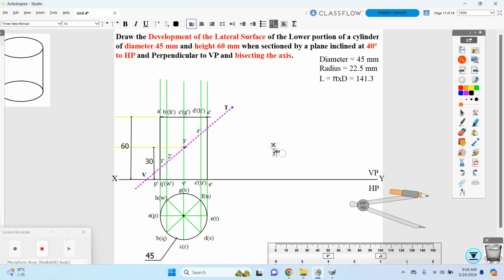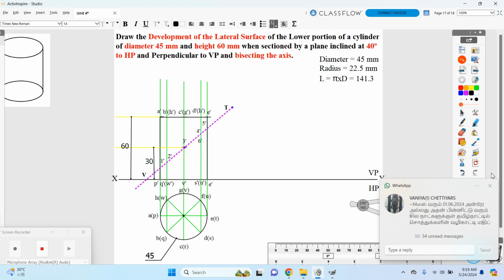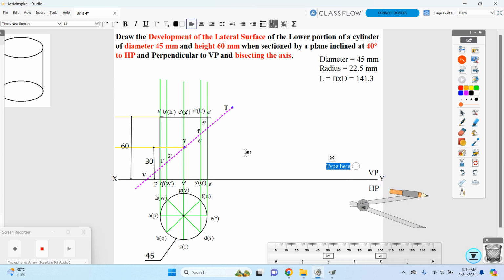Then 5 dash on the last. Similarly, 6 dash you want to mark over here only, not on the border side. Then followed by 7 dash, that is over here on the axis, and 8 dash on this condition. It is not required to take 6 dash and 8 dash on these lines; you want to take only on the section condition considered.